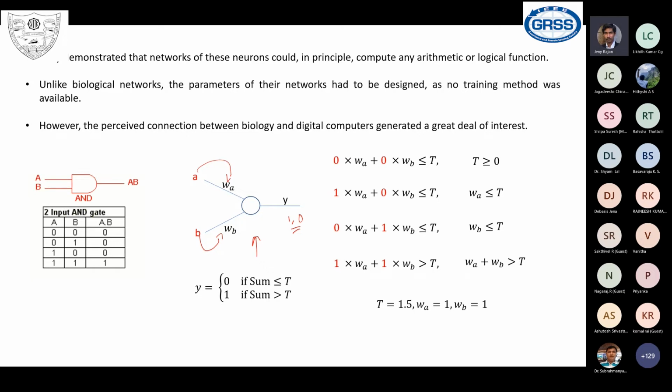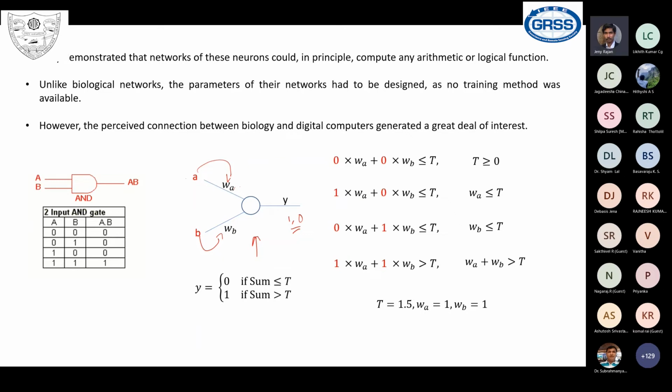When we give 1 as input to both, this neuron should fire, and for all other combinations, the neuron should not fire. This is what we want to do. So we have to come up with the appropriate values of WA, WB, and T such that this neuron acts like an AND gate. We are trying to find the values of these parameters.